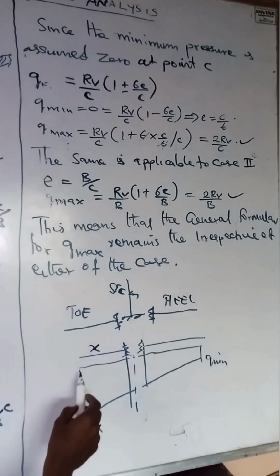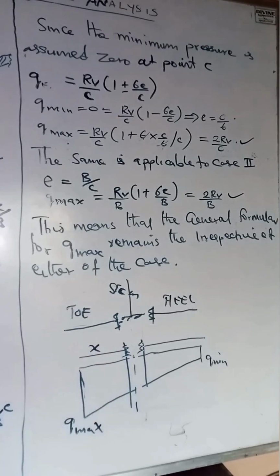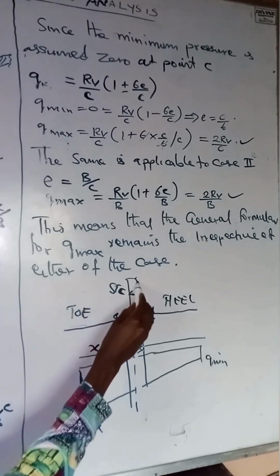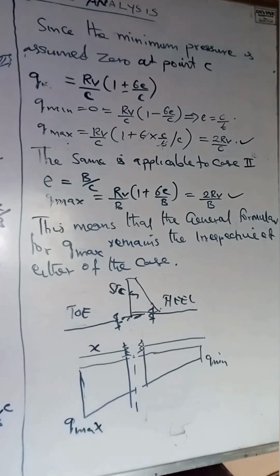Let's consider the toe, which is this portion first, and let's obtain the load function as well as the shear force and bending moment expression. We'll obtain that also for the heel, and as well for the stem.